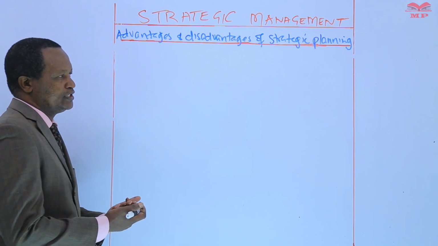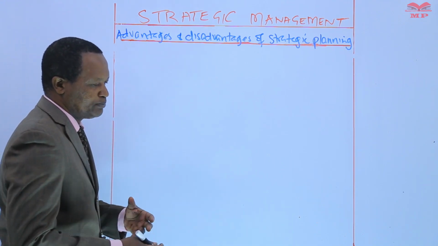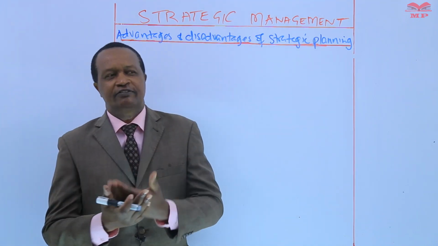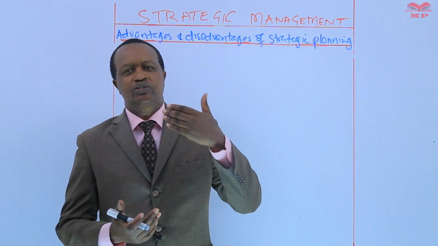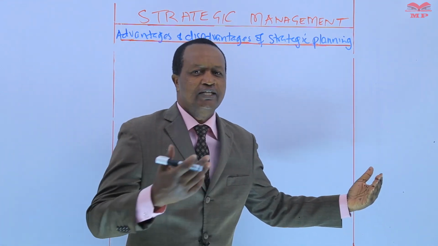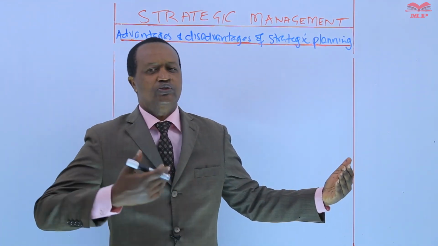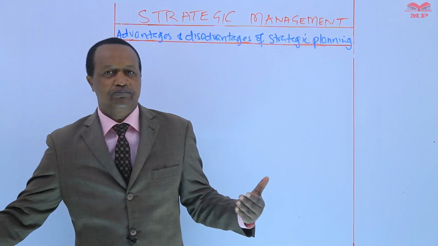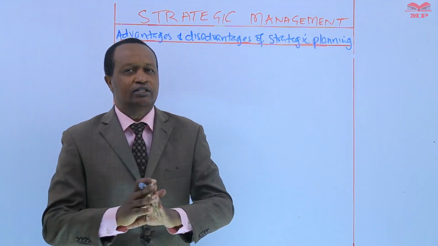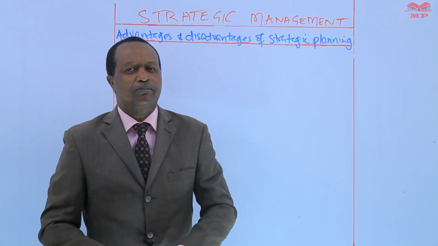Strategic planning is the process of identifying an organization's long-term goals and objectives, and then determining the best course of action to achieve them. In simple terms, that's what strategic planning is all about.